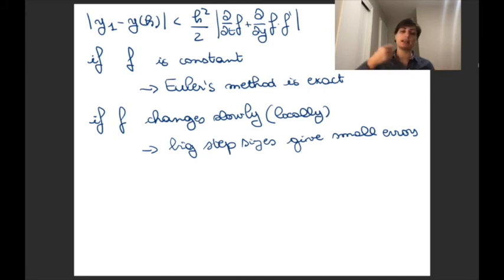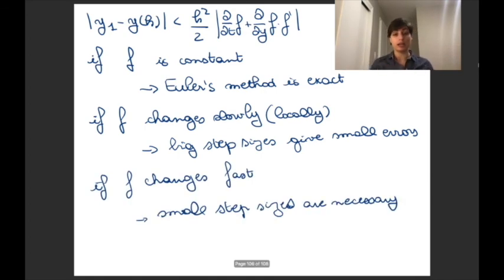So even if we take big h, so big step sizes, we're still going to have a relatively small error. On the other hand, if f changes very fast, either in time or in y, we have to take small step sizes because our bound of the error, the part we cannot control, is getting out of hand. So we need to control our part to make it very small.